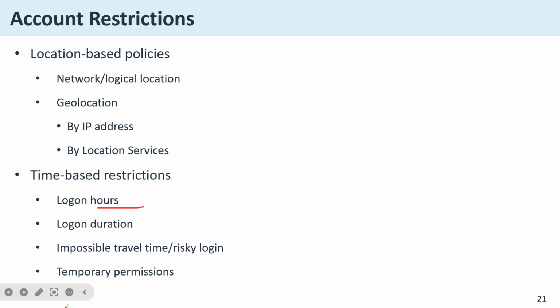On some systems, even at off-peak periods, if you're accessing the systems maybe at midnight or wee hours, depending on the geography, those times are considered risky times of login. You might be bounced and not have access for the next 24 hours. That's what you consider as account restriction. Or you could just do a temporary permission where you say, okay, you only have access for like 1 hour or 2 hours.